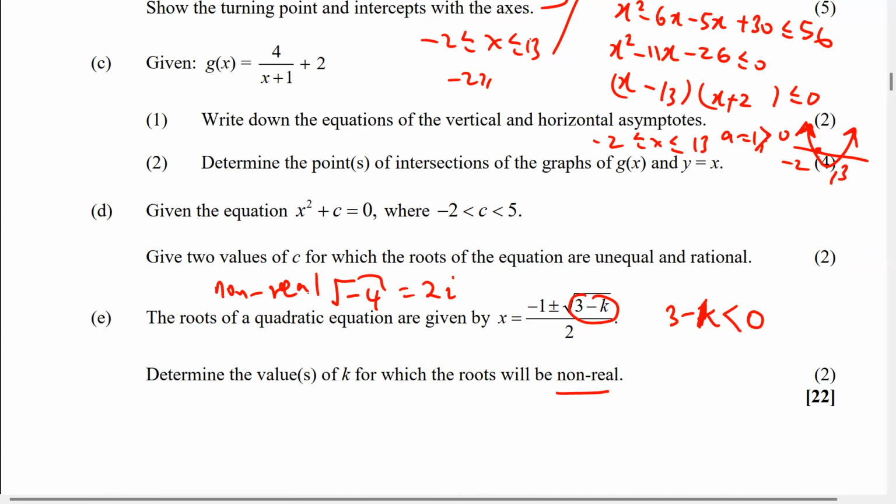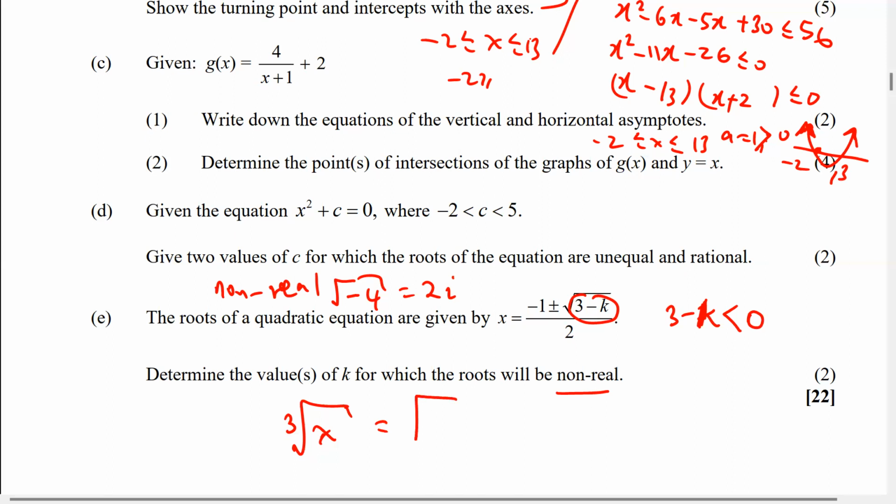Sir, can there be questions where there's no square root and they're asking us to determine which values are non-real? Well, that's a good question. Non-real roots would need a square root, a fourth root. There must be an even root. Because if it's a cube root, like the cube root of x, then you can have a negative there.